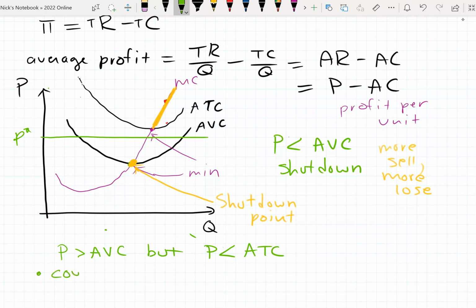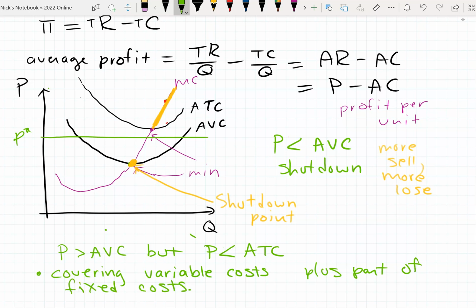That means we're covering our variable costs. So you're paying for your food costs, you're paying for your labor, plus part of our fixed costs. So we're covering our variable costs plus part of our fixed costs, right? So that's what that means.